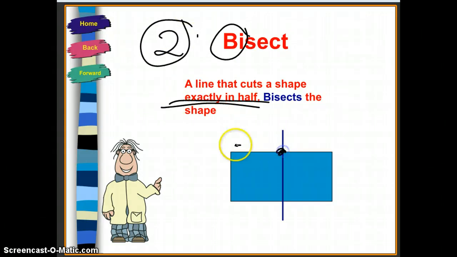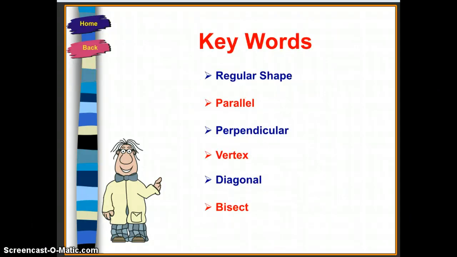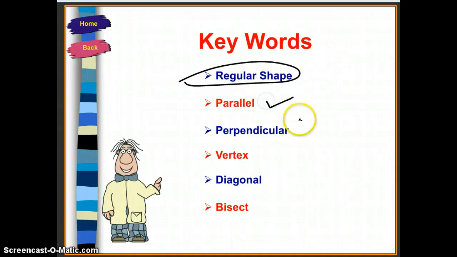So this is right in the middle. That length there and that length there would be the same. A regular shape, all of the angles and all of the sides are the same. So that's like our equilateral triangle or our square. Parallel, perpendicular, vertex, diagonal, bisect. You should know what they are.